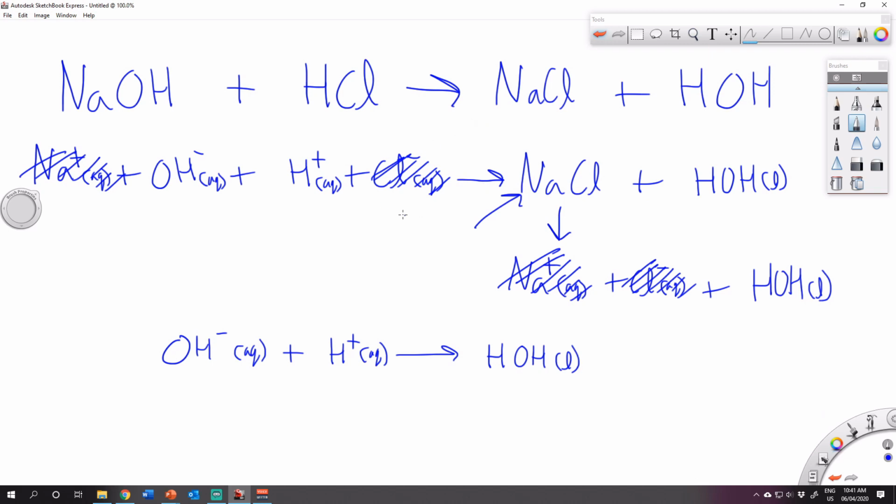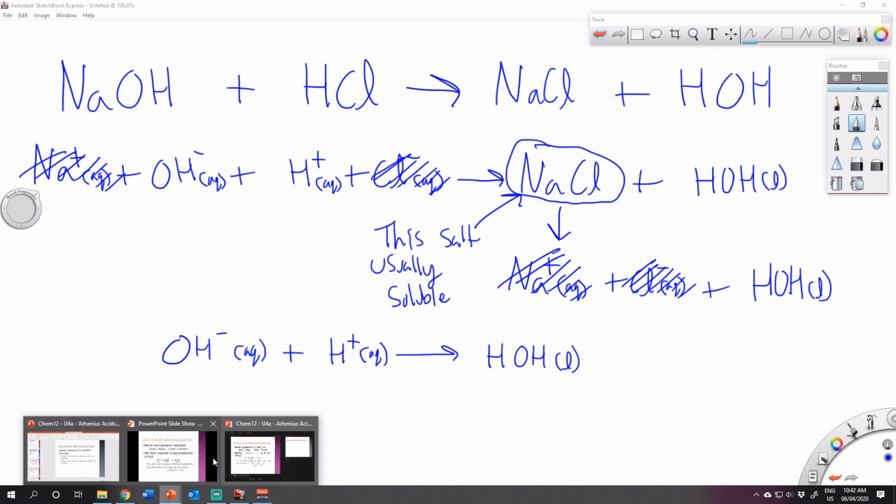But generally speaking, this salt is usually soluble. Not always though, not always, just usually. So be mindful of that when you write out your net ionic reaction, if you're asked to do that, and then you just check my table of solubilities. Does this combination here create a low soluble compound or a soluble compound? Okay. All right.